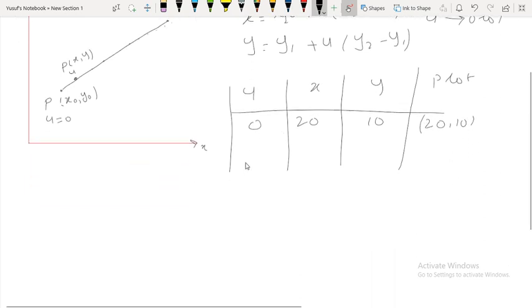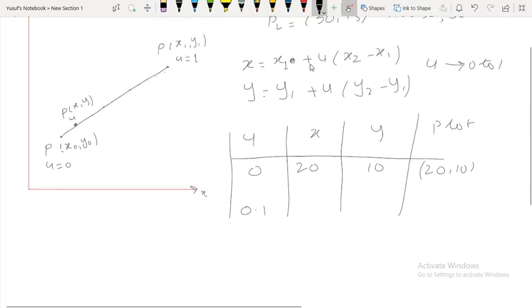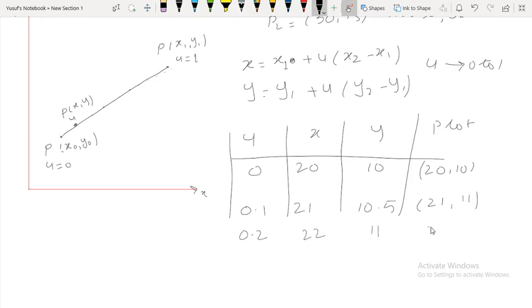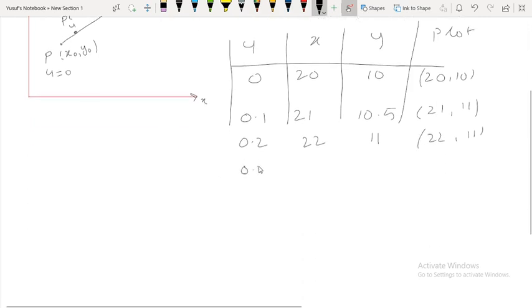Then you have to change the parameter by 0.1. Putting 0.1 in this equation you get 21 and 10.5, so by rounding off you get 21, 11. Then u equal to 0.2 gives 22, 11, which you can plot on the screen. At 0.3 the value is 23 and 11.5, so it is 23, 12.